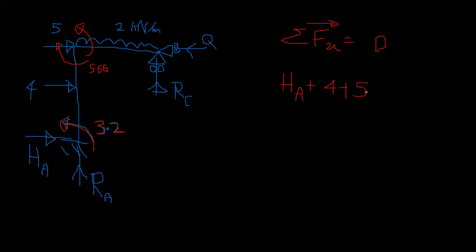Here we have the horizontal forces: you have HA, then Q, is equal to 0. So to find Q, you need to find HA. What is the easiest way to find HA? Think logically. If you take a bending moment about this point to this member, you can easily find HA, because RA is not coming, and HA is the only unknown.